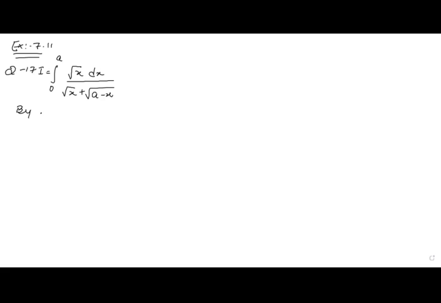So using property 5, I can replace x as a minus x. Give this as 1.